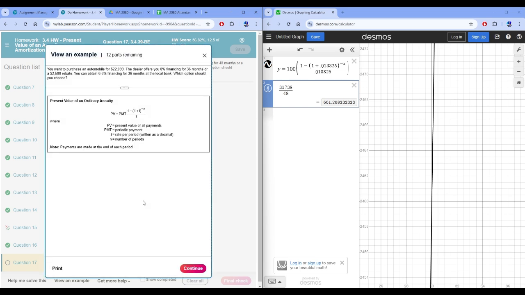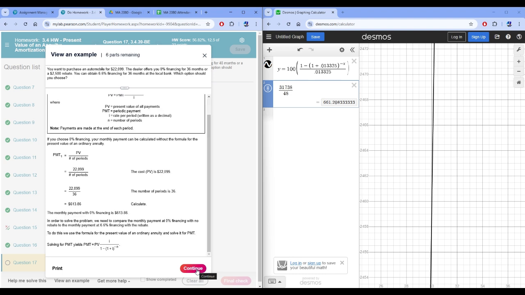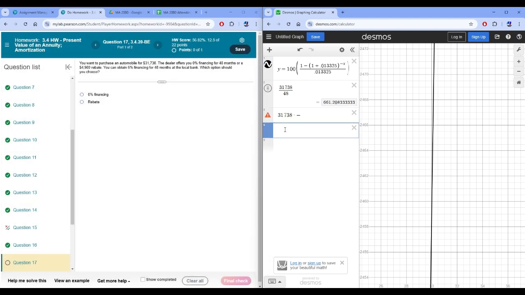Which formula do they use to find the interest on the second one? The present value, which is 31,738 times this fraction that's going to have the i up top. What's my interest rate? My interest rate is 0.06 divided by 12 because it's months.